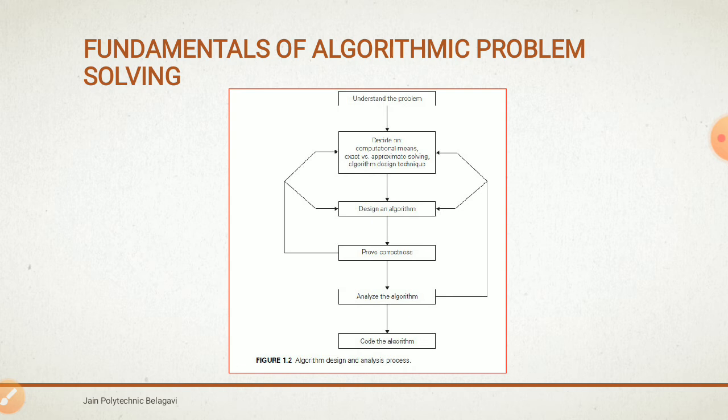Then the second step is ascertaining the capabilities of the computational device, that is, of a machine. The essence of von Neumann machine architecture is that instructions are executed one after another, one operation at a time, and algorithms designed to be executed on such machines are called sequential algorithms.